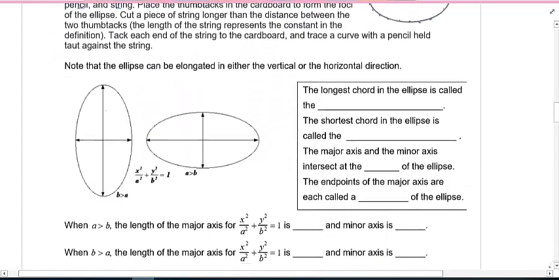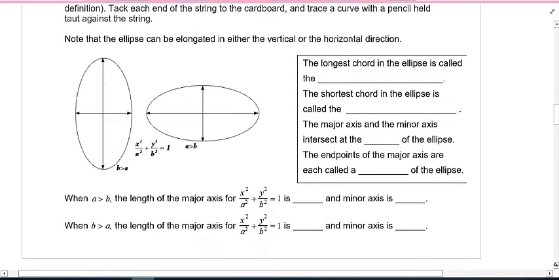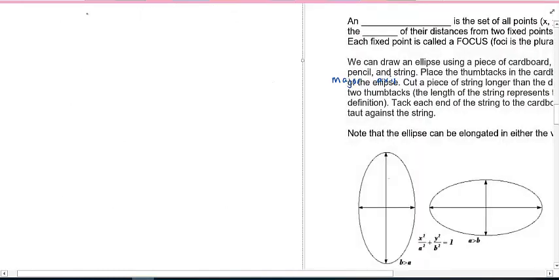Now note the ellipses can be elongated in either the vertical or the horizontal direction. So we have special names for things. The longest chord in the ellipse happens to be called the major axis. And the shortest one then, of course, is called the, whoops, what did I just do? Undo, please.